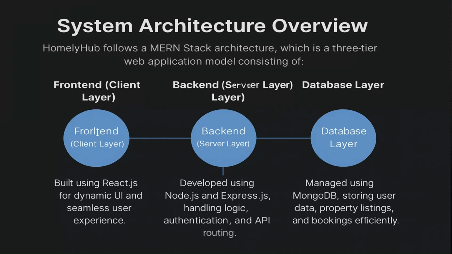The backend layer is developed using Node.js and Express.js, handling logic, authentication, and API routing. The database layer is managed using MongoDB, storing user data, property listings, and bookings efficiently.